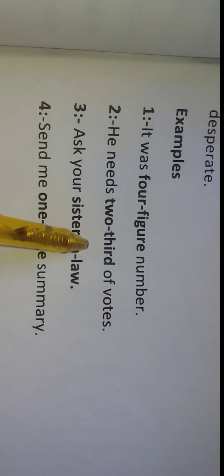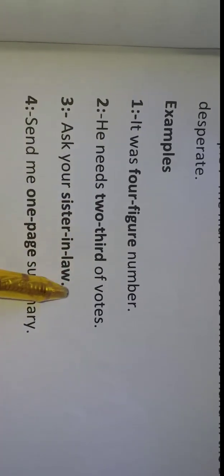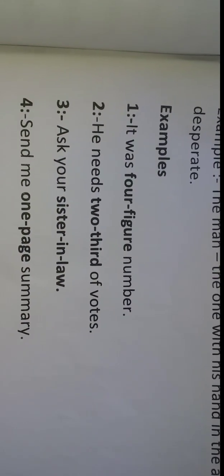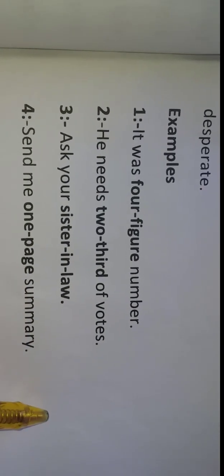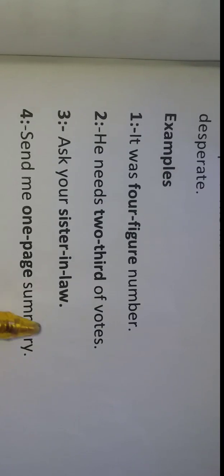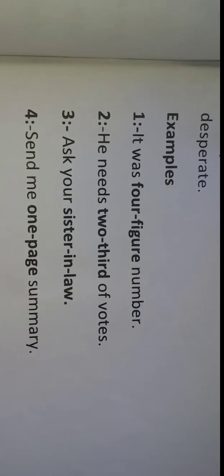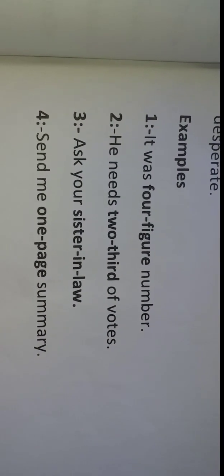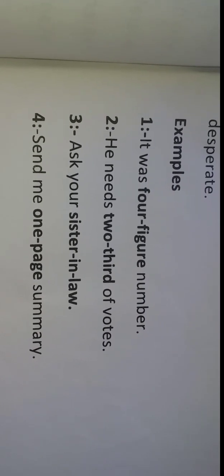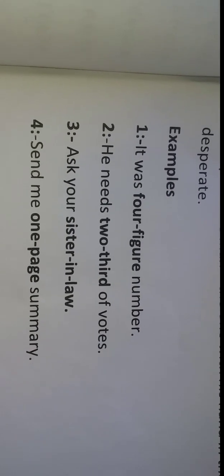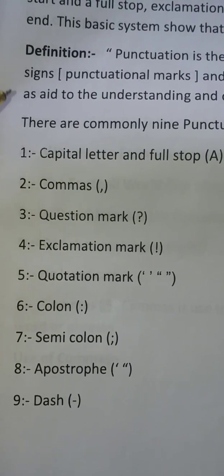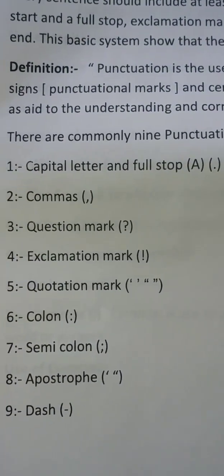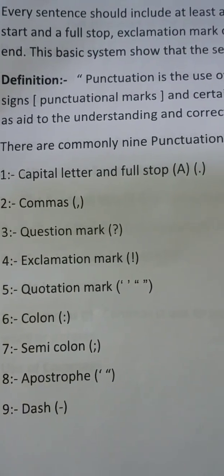Also in Qaid-e-Azam, there is a dash before the e. We use dashes for that kind of words only, but we cannot use dashes commonly and mostly in our paragraphs.